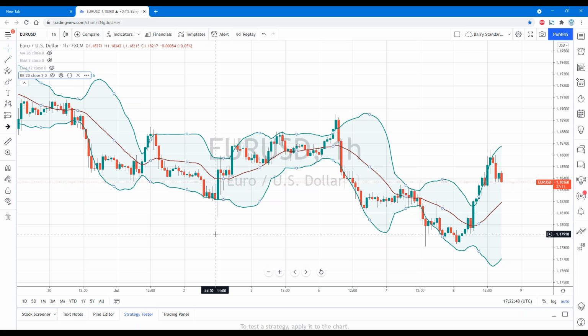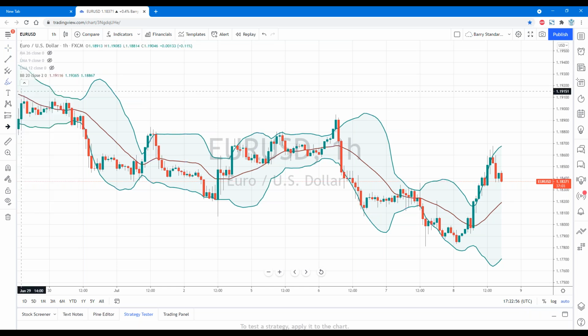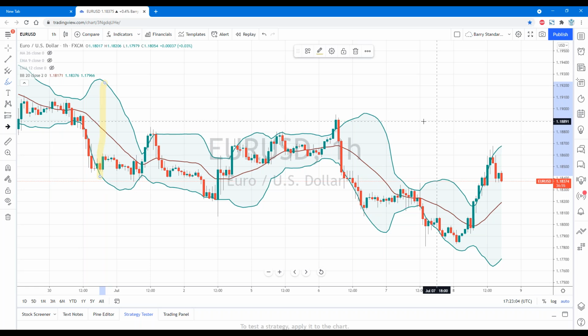Now, the overall look of the Bollinger Band, when we look at the bands, the only thing that tells us when we see it very wide is the wider the bands, the higher the market volatility. The more contracted the bands are, the lower the market volatility.